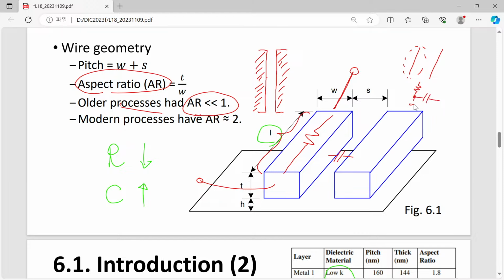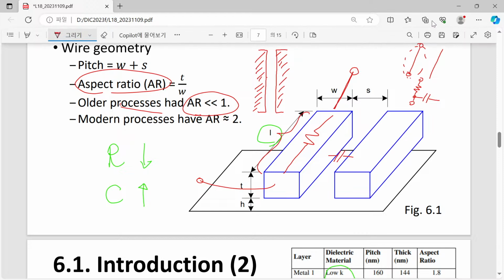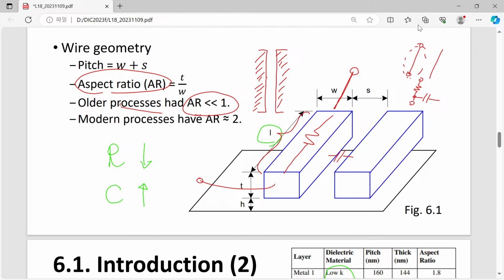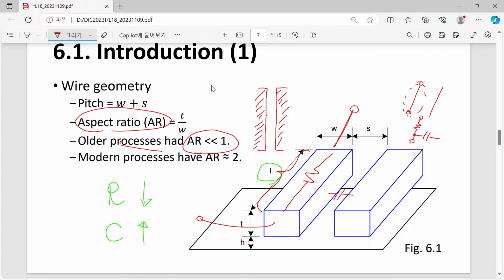Here we have one terminal and another terminal. So here, if we have A and B point, then we can say this is A point and this is B point, and we have a resistance and capacitance.